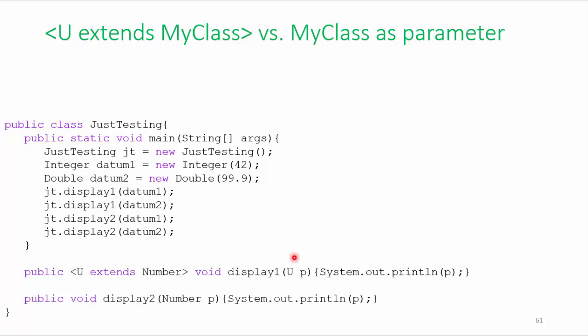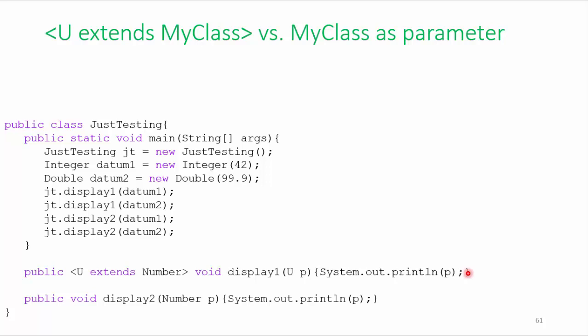So we are going to expect this generic method, okay, this one is generic, to be called with a parameter, and the type of that parameter is going to be the type parameter U, and it's restricted to be Number or one of its subclasses. So you should see already the similarity, okay? For all intents and purposes, those two methods seem to be doing the same thing.